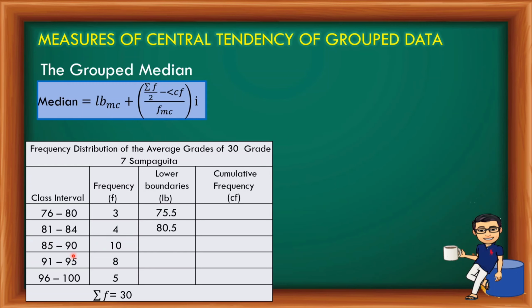Sa 85 to 90, ito namang 85, ang mababang number, ima-minus natin sa 0.5, at ang sagot is 84.5. Next is 91 minus 0.5, 90.5. Then 96 minus 0.5, that will be 95.5. Okay, sana nasusundan natin kung ano yung ating gagawin to determine the answer.